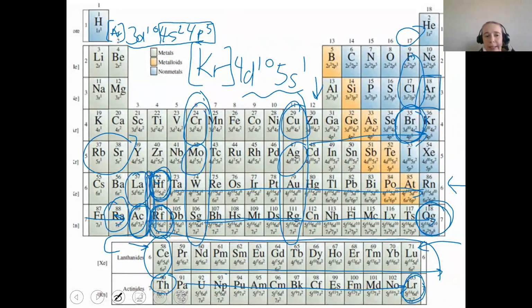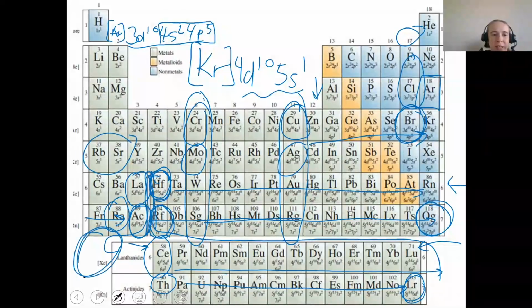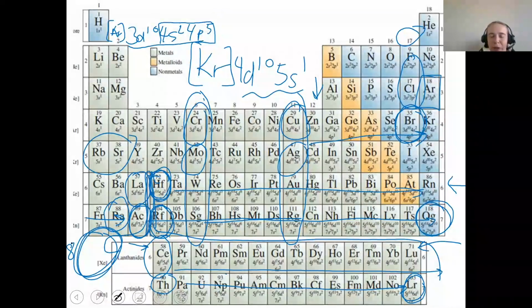But 119 is really exciting, not just because it's chemistry 119, but because it would be the first element in period 8. We don't have any elements in period 8 yet. So that would be the first one discovered or created in period 8, which basically starts a whole new row.